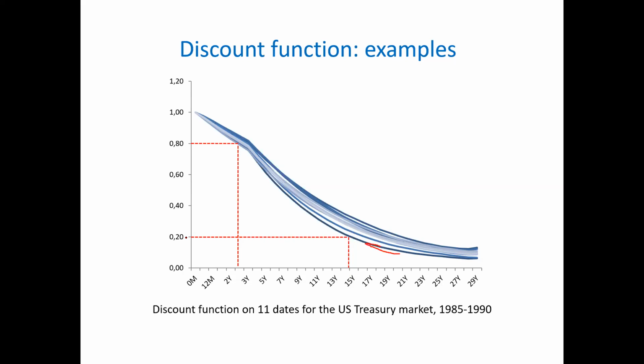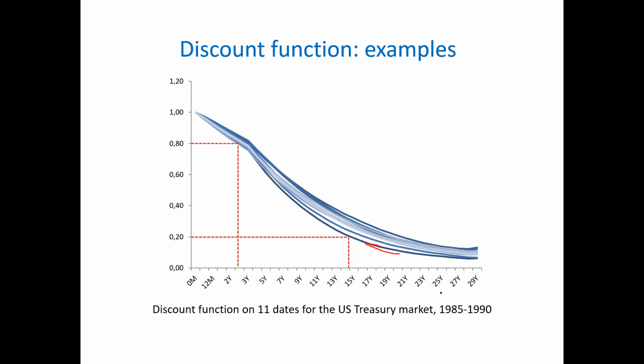So we can say that $1 paid 15 years from now costs 20 cents. But if we ask the same question for a 2-year maturity, then the price of $1 paid in 2 years is 80 cents.